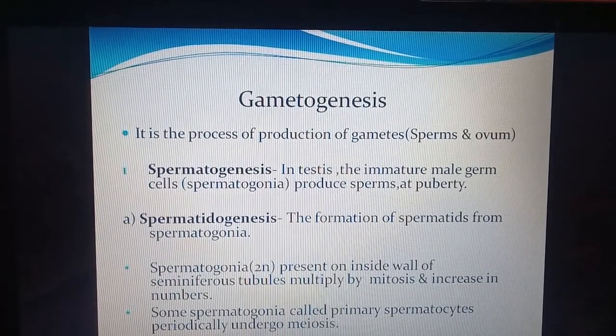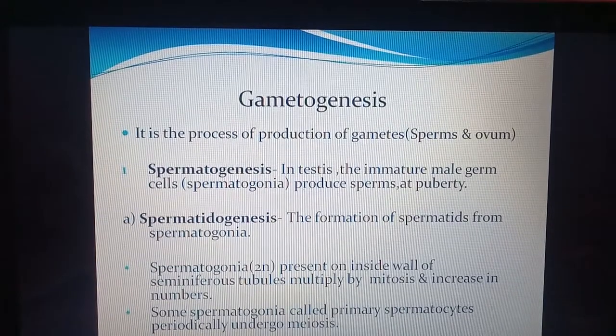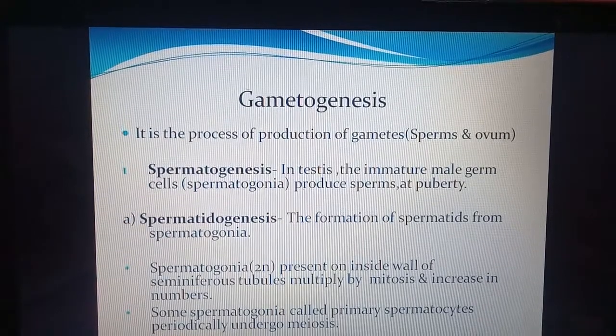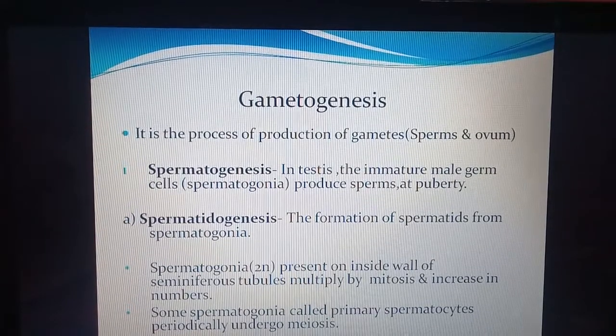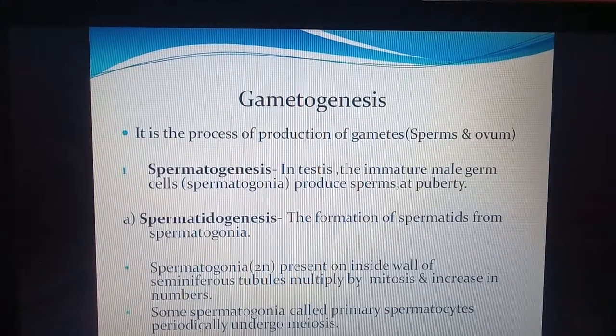As we just saw, they multiply by mitosis and their number is increased, but their ploidy is not reduced, so they remain diploid. Some spermatogonia, which are called primary spermatocytes, undergo meiosis.